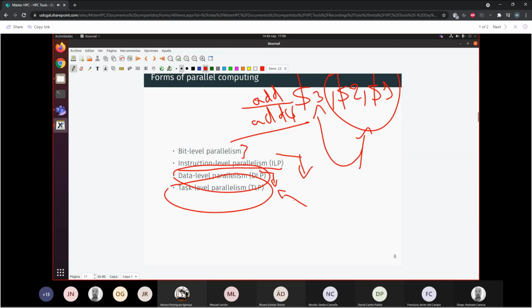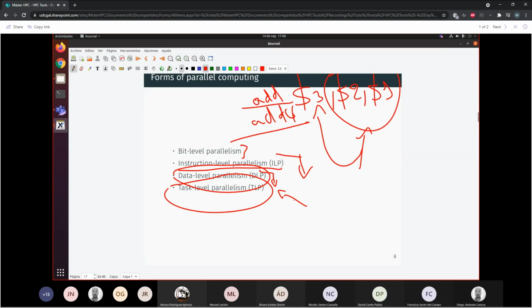So you mean that you want to combine data level parallelism and task level parallelism at the same time? Yes, that's something that you do. This is just an abstraction, but you will see that when you learn parallel programming, most of the time both types of parallelism are mixed.